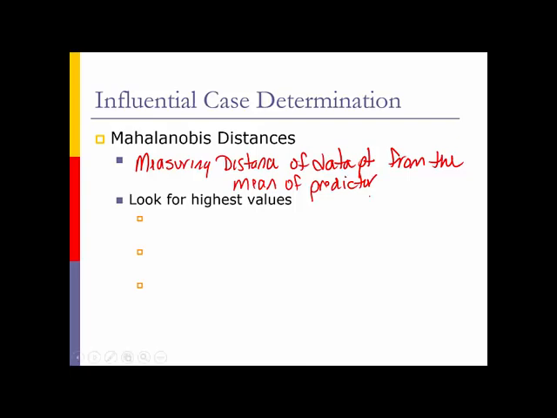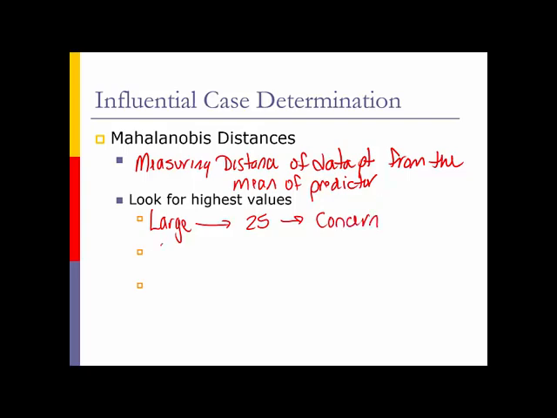We're going to start to look for some high values of Mahalanobis distance. What does a high value mean? Well, if you have a large sample size, a high value would be something like 25, so 25 or greater would be a cause for concern.